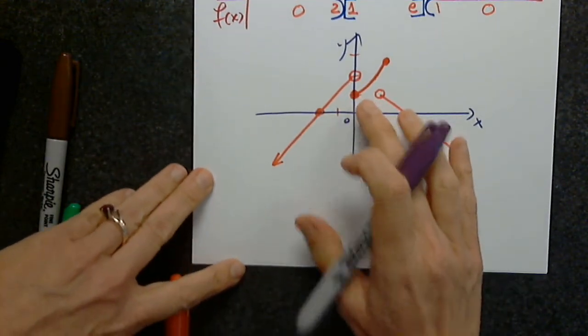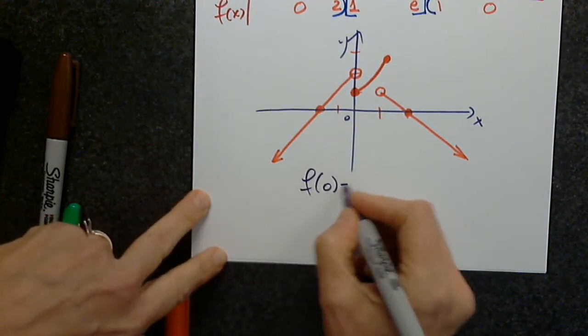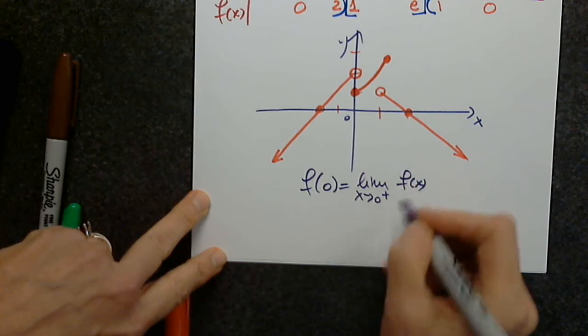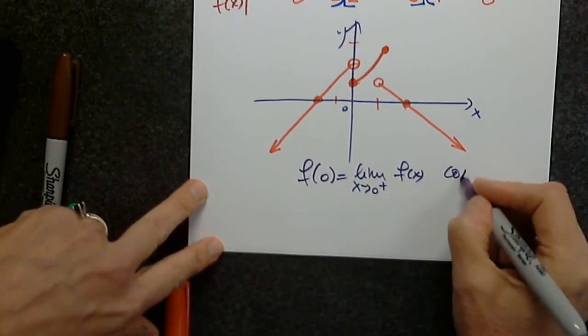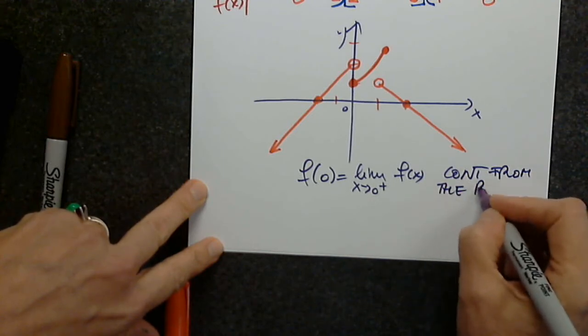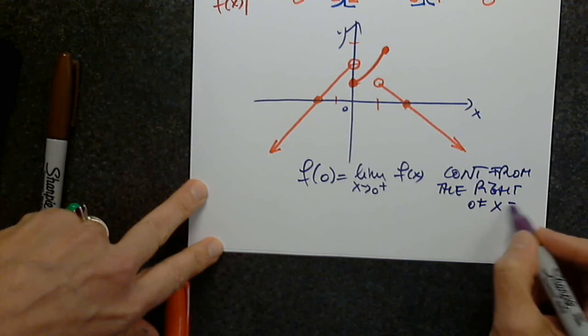Is this function continuous from the right? Yes, because f of 0 equals the limit as x approaches 0 from the right of f of x. That's why it's continuous from the right of 0.